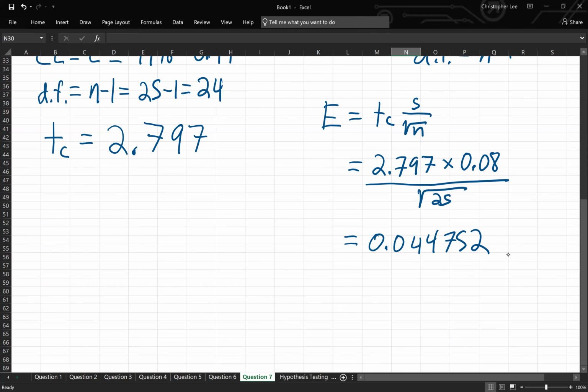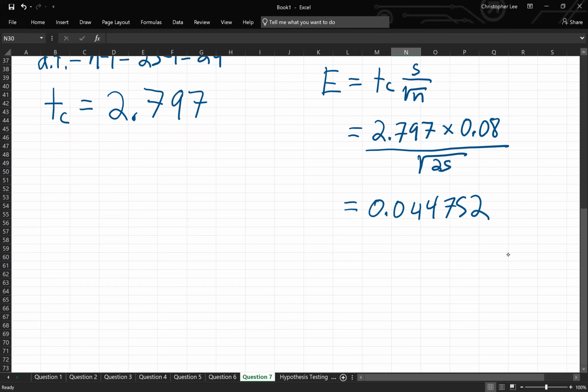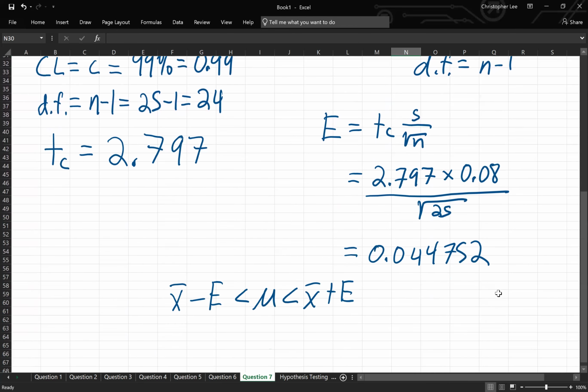So now that we got the margin of error, just plug it into the formula. Very simply, we got x bar minus e less than mu less than x bar plus e. Keep it nice and simple. All right. So what's x bar? 1.95.